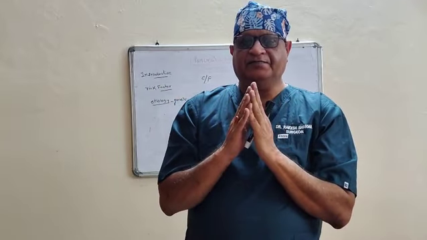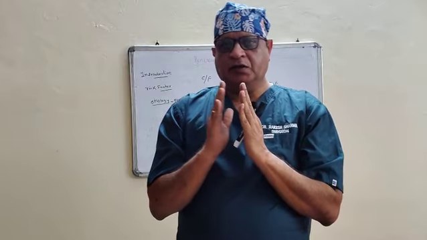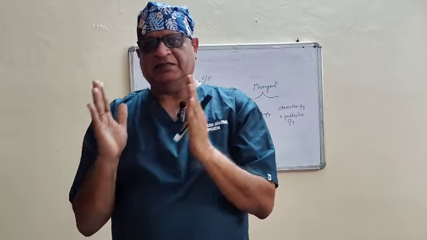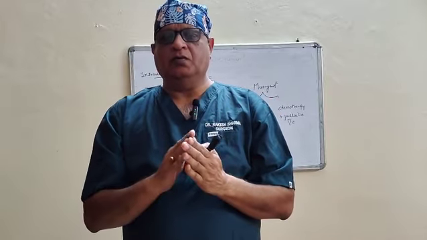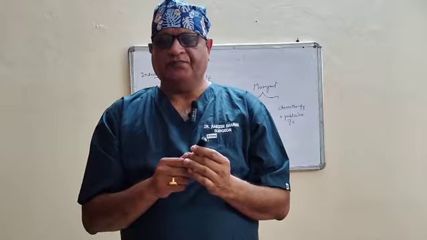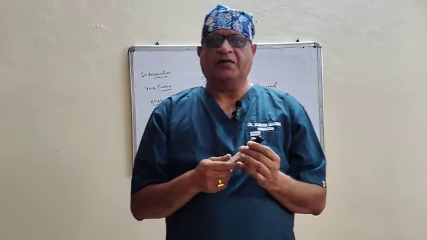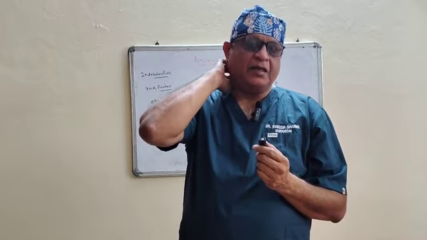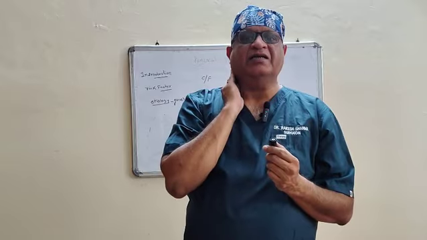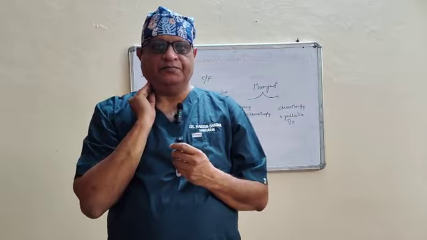If there is gastric outlet obstruction, and if the patient is surgically fit, we have to do gastrojejunostomy, feeding jejunostomy. If the patient is not fit, then we can put a metallic duodenal stent with the use of an endoscope.